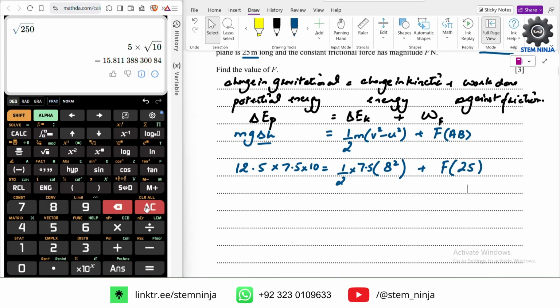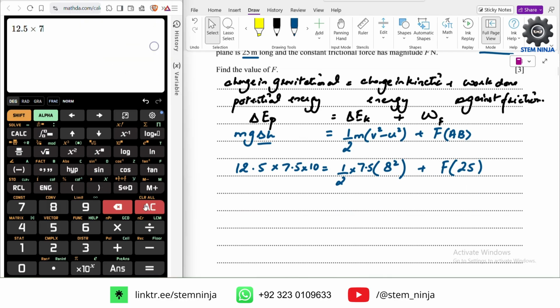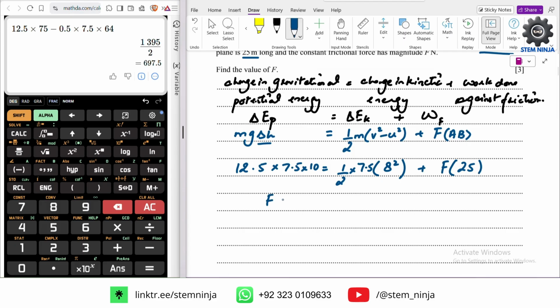So we simplify both sides now. 12.5 times 75, that is this, minus 0.5 times 7.5 times 64. So F times 25 is 697.5.